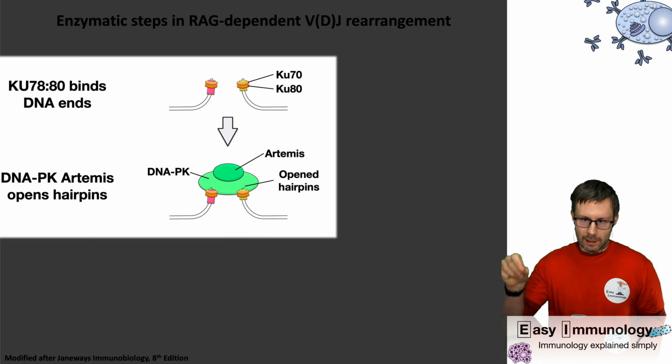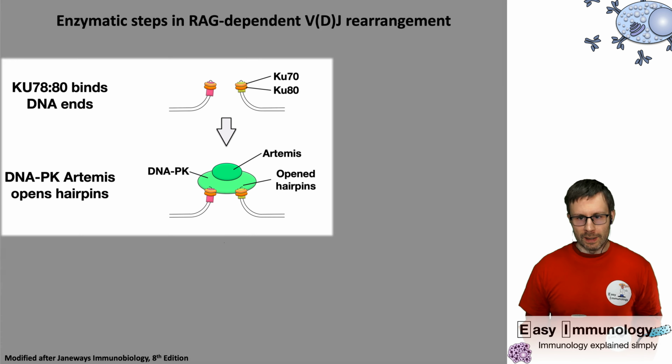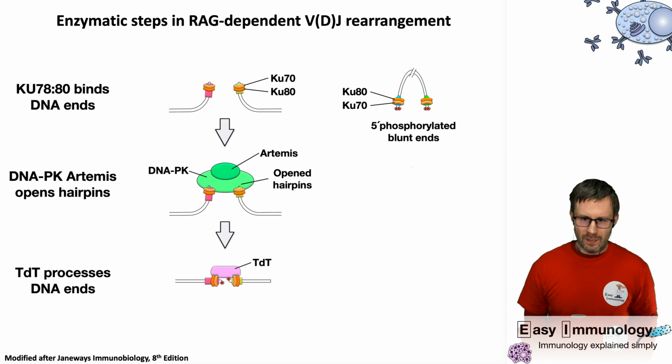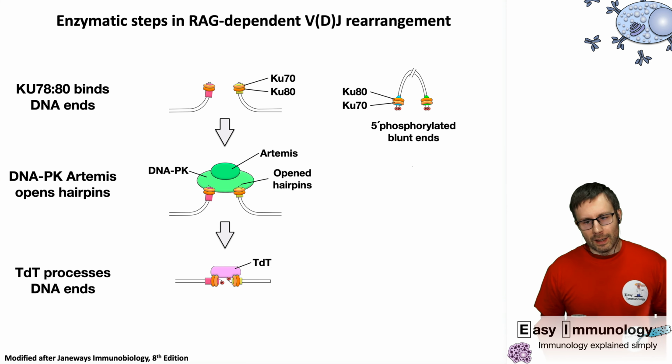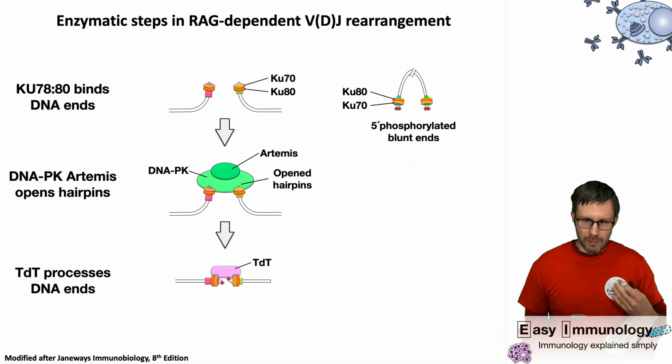So you can see that there is a little cut that is made in the DNA sequence, so that we have now two separate DNA strands again. And then another molecule is recruited, being part of this complex, and this is called the terminal deoxynucleotidyl transferase, TdT.